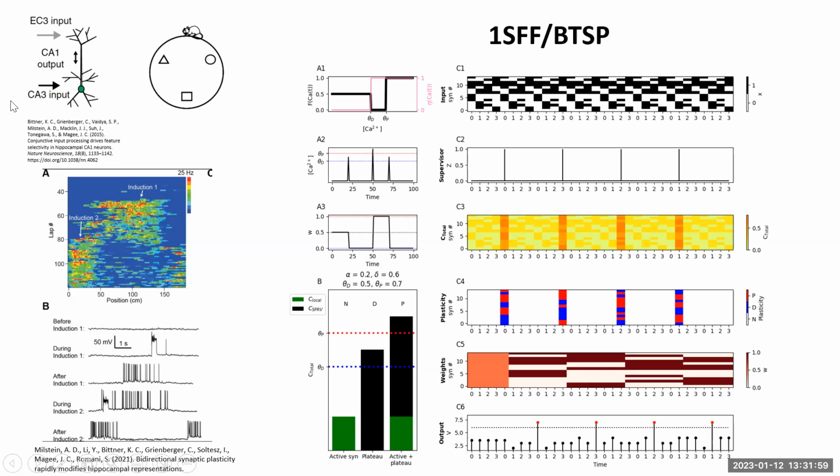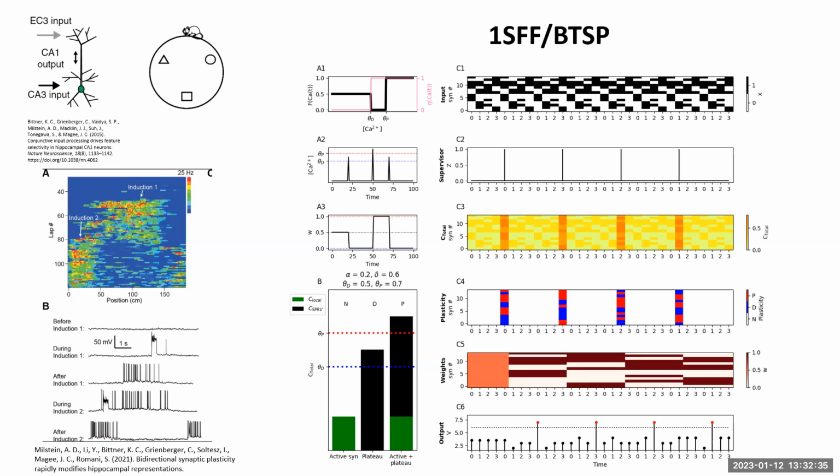Sensory input is coming in through CA3, and you have a supervisory signal coming in from the entorhinal cortex. Wherever the mouse is on the track, if a supervisory signal comes in from the cortex at that time, you can turn this neuron into a place cell with a place field for that location. So the supervisory signal can create a place field.